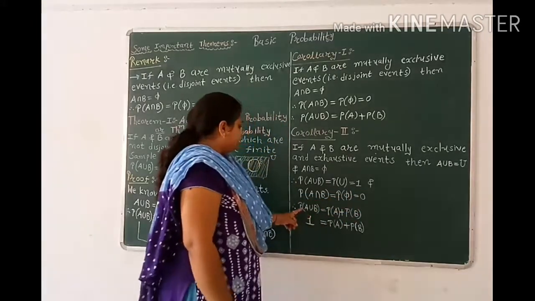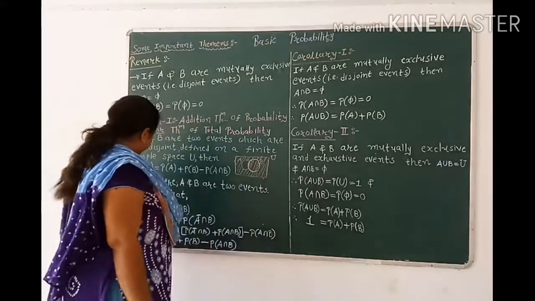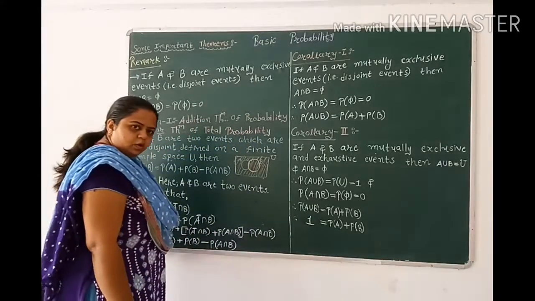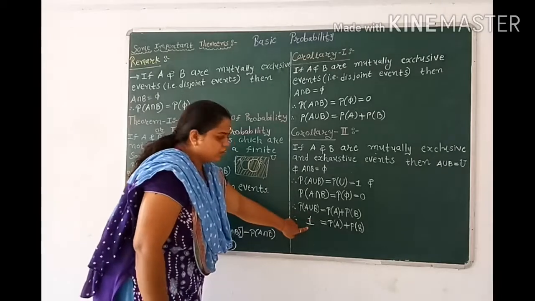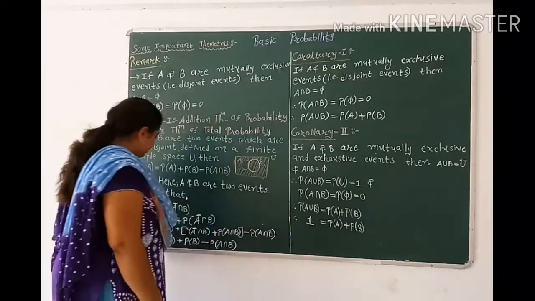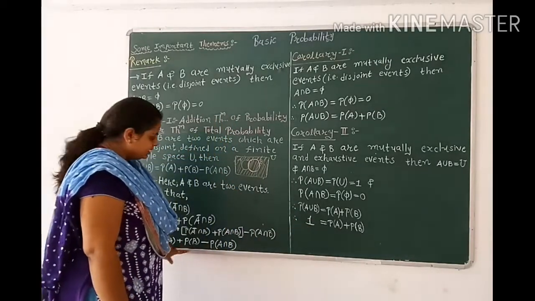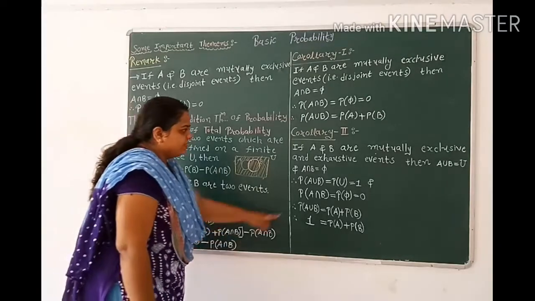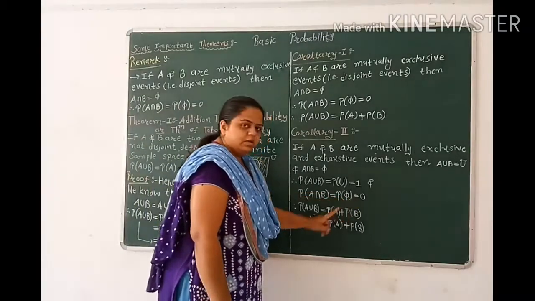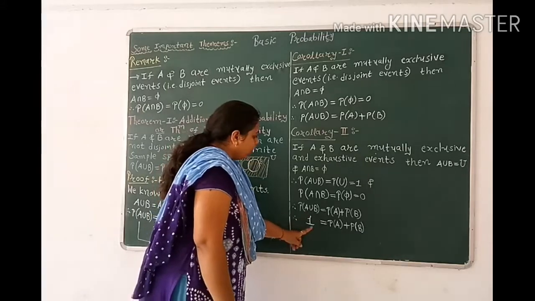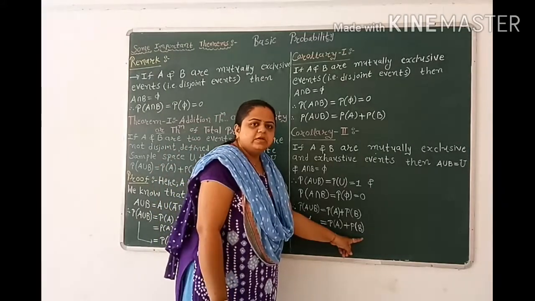So in this theorem, P of A union B equals 1, and our statement becomes 1 equals P of A plus P of B.